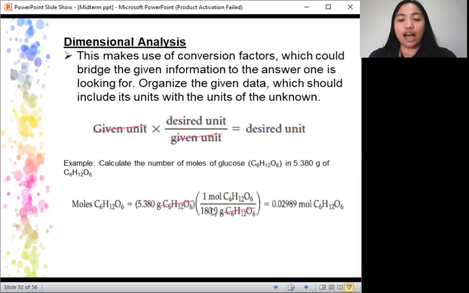Okay? So, ang iyang molecular weight, di ba, ang unit sa molecular weight is gram per mole. So, ang molecular weight sa glucose is 180.0 gram per mole. So, that is why ang iyahang conversion factor, kung naa kay 180 grams, ang per mole niya. So, you cancel the units, and then you will have your mole glucose.